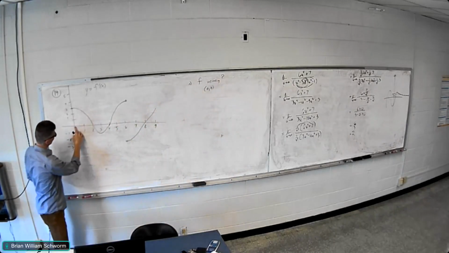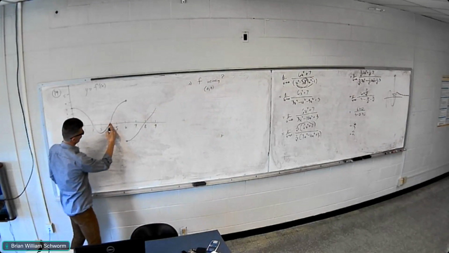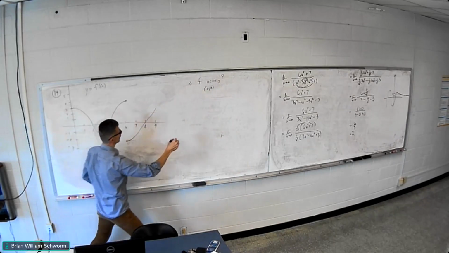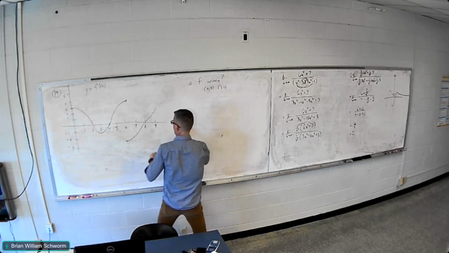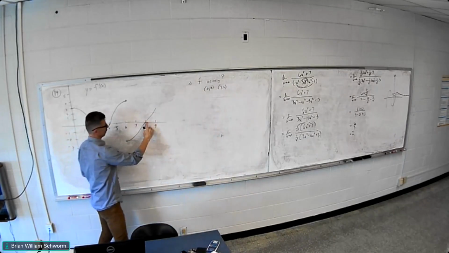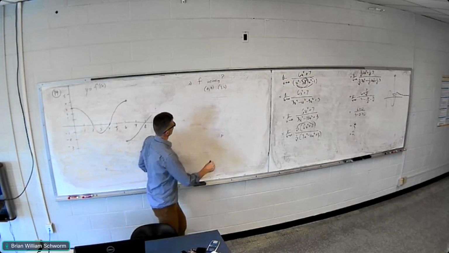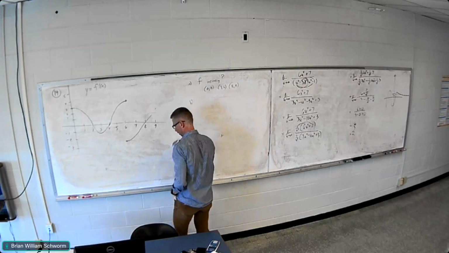That's the interval 0 to 2. And then 4 to 6, it's positive. And then it's positive from 8 to 9. Again, it's positive above the x-axis, 8 to 9.